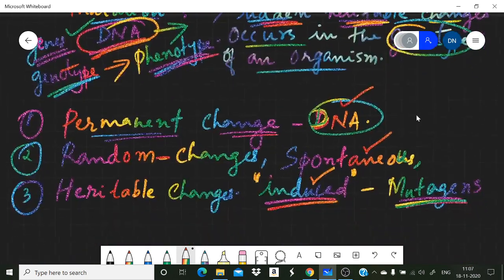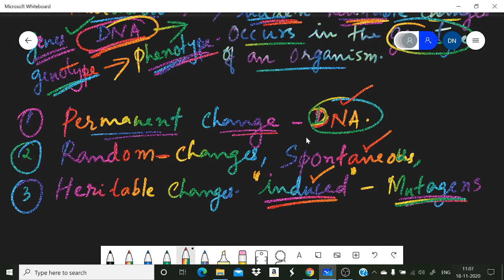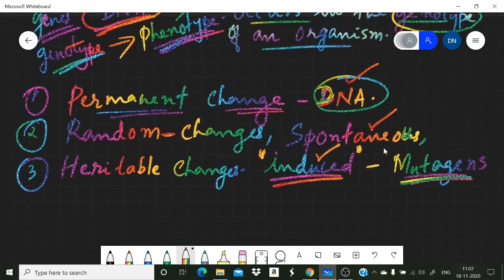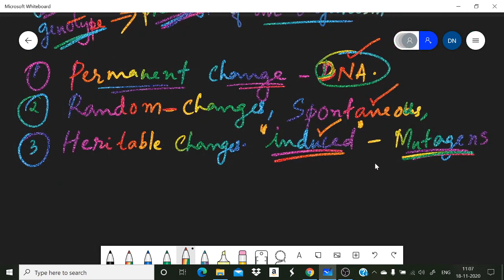Mutations are permanent changes that occur in the DNA, and they are random. They may be spontaneous, or sometimes induced, that means caused by agents known as mutagens.